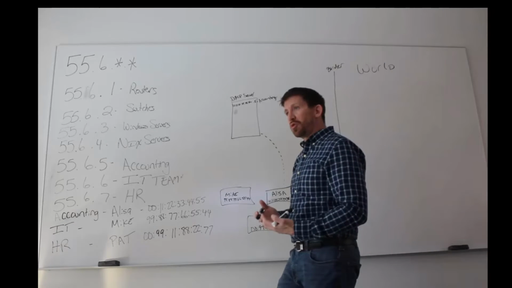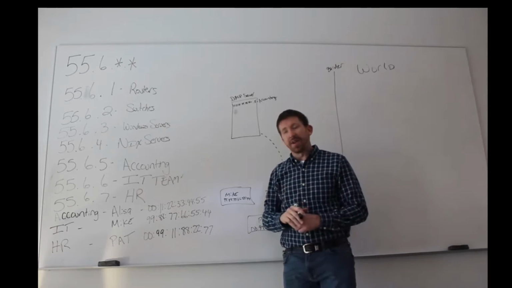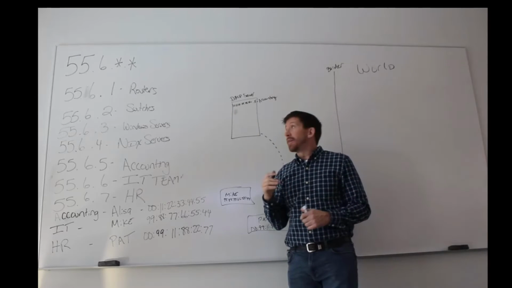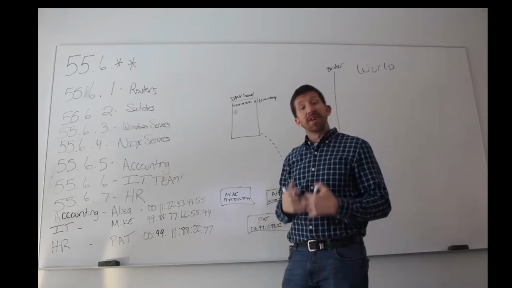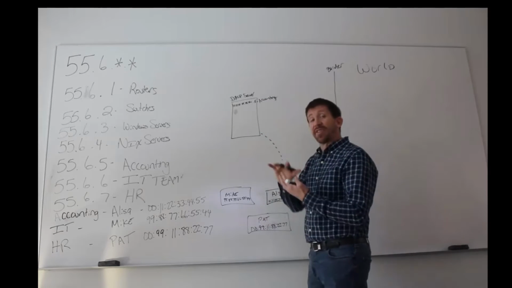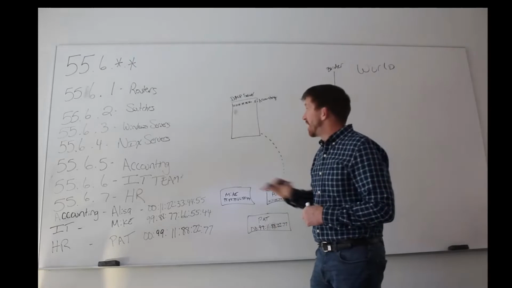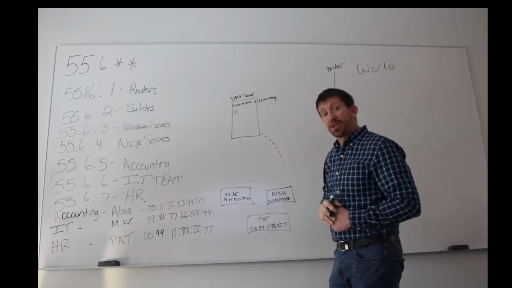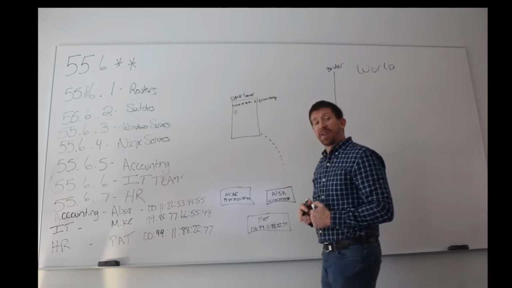So it looks through its available IP addresses, anything from 55.6.5.1 to 55.6.5.254, and it will assign any random IP address that's available in that stack.